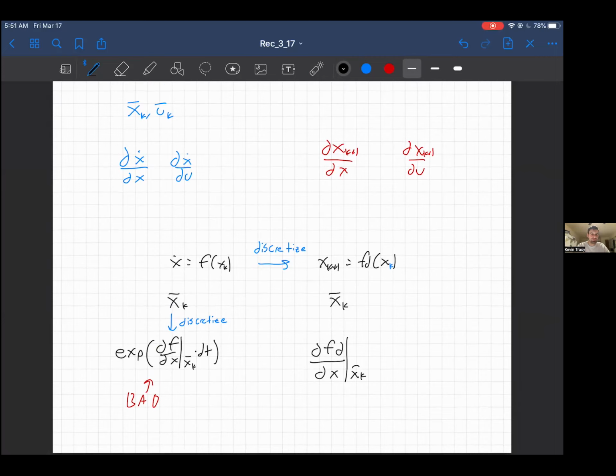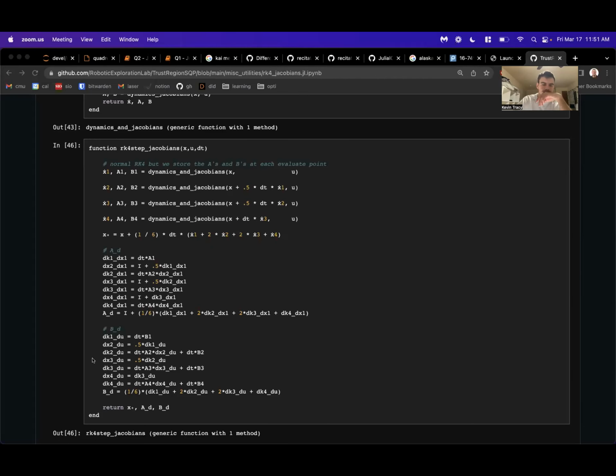I'm going to pull up some RK4 Jacobians. Okay, I'm going to stop this share momentarily. What I have here is a function that helps me compute my RK4 Jacobians given a continuous time dynamics function.